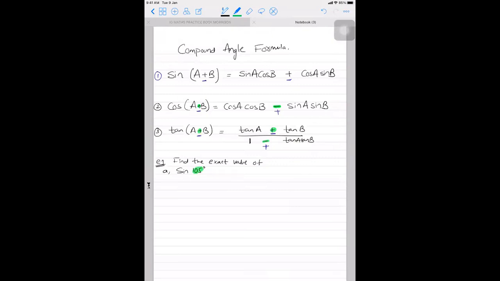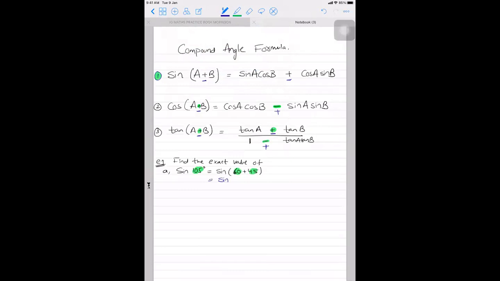So 105 is the sum of 60 plus 45. Can I say that? Yes. Now applying the compound angle formula, sine of A, which is 60, plus B, which is 45. Sine of 60 plus 45, we will use this formula: sin A plus B is equal to sin A cos B plus cos A sin B. So using this formula, let's solve this further.